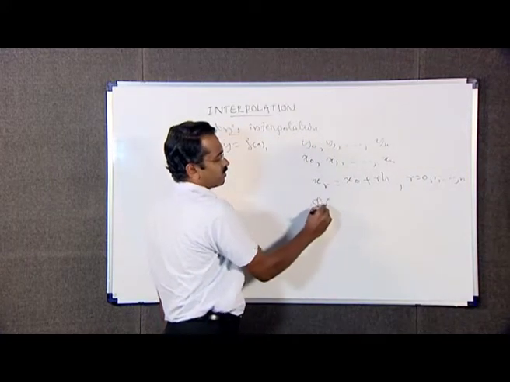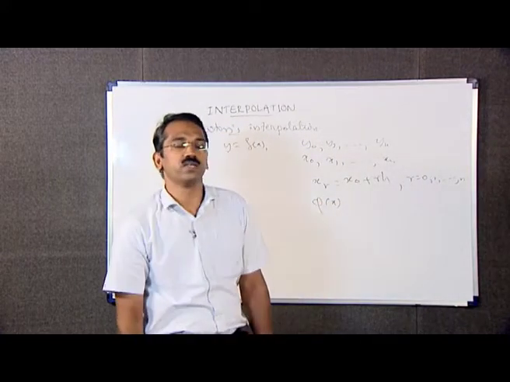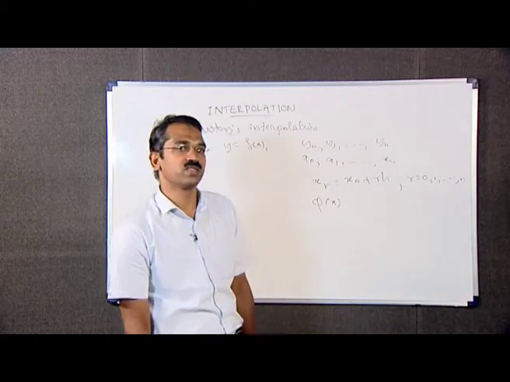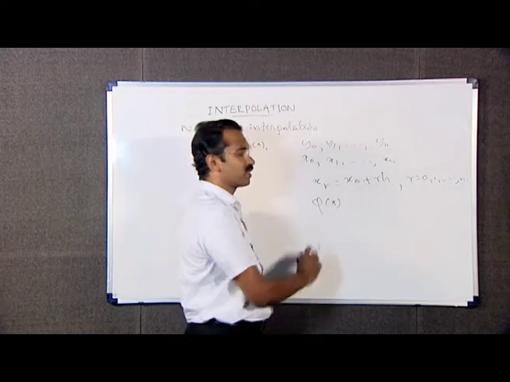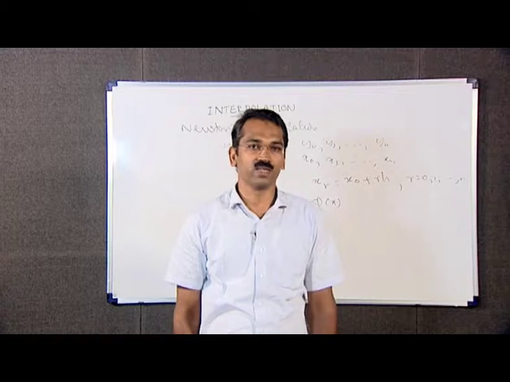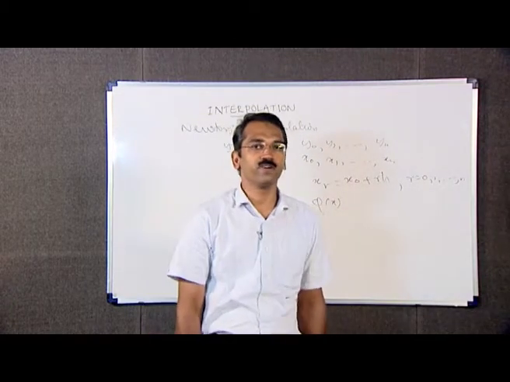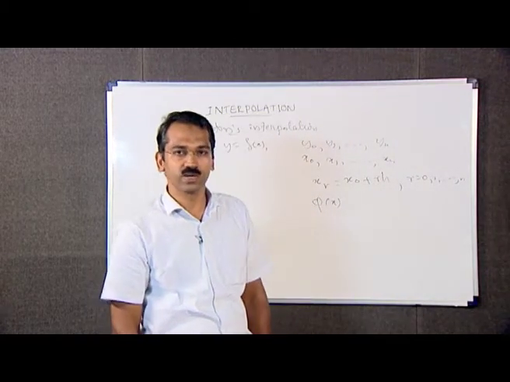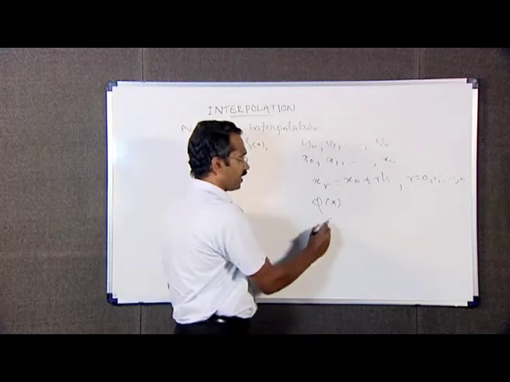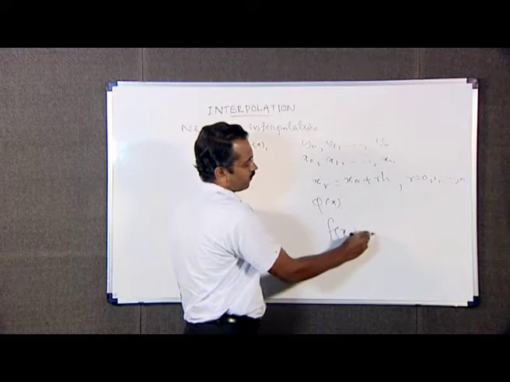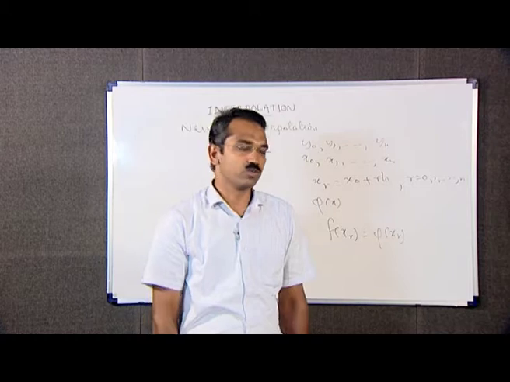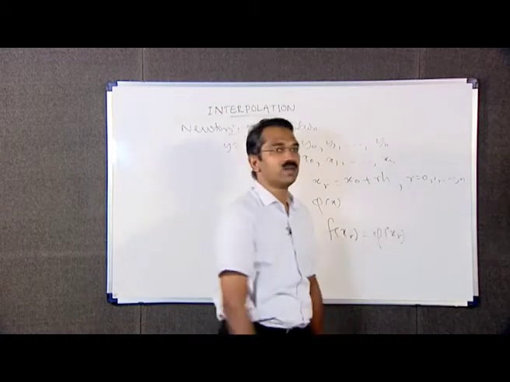Let phi of x be a polynomial of the nth degree in x, taking the same values as y corresponding to x naught, x1, etc., xn. Then phi of x represents the continuous function y equal to f of x, such that f of xr is equal to phi of xr for r equal to 0, 1, 2, 3, etc., n.